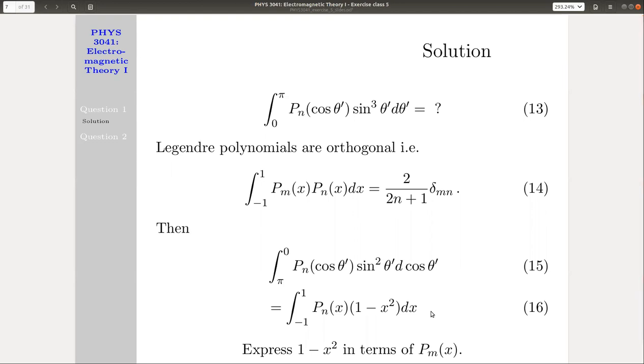It's equation 16. If we want to make use of the orthogonality relation, then the next thing we should do is to try to express the 1 minus x squared in terms of the Legendre polynomials.